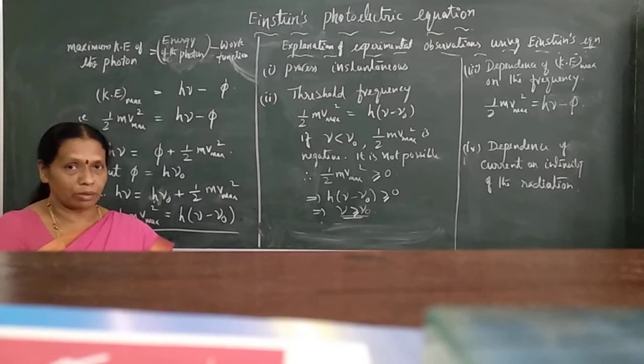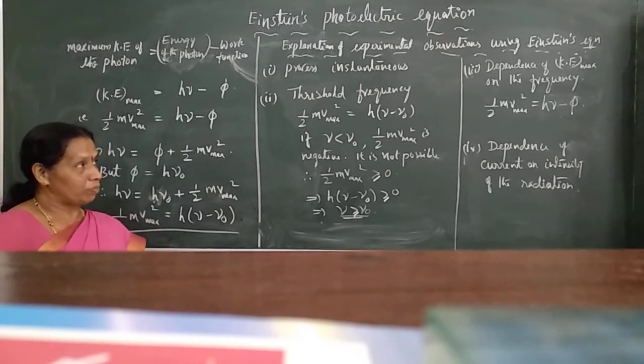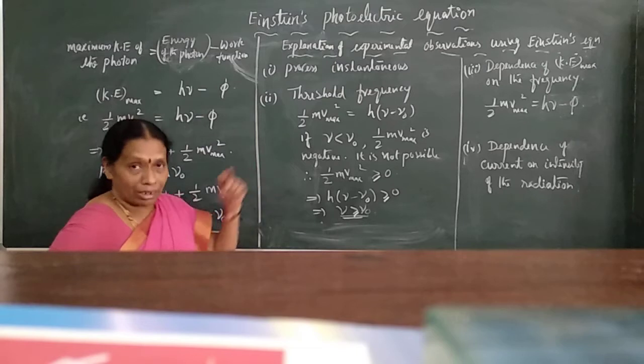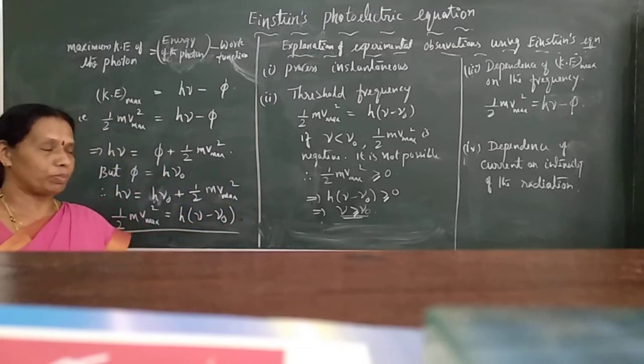These are the experimentally observed facts, and they are explained using the equation. Now let us see how these observations are explained.